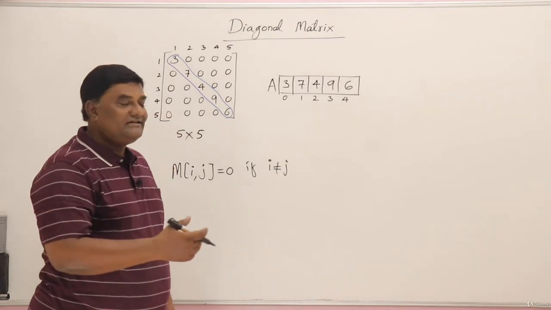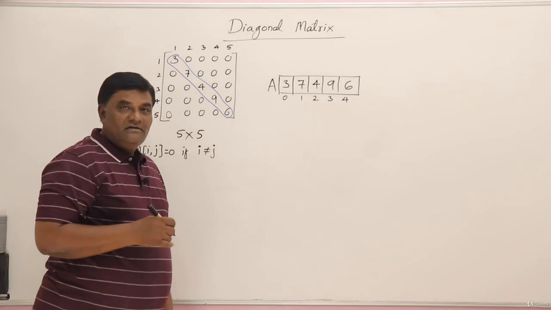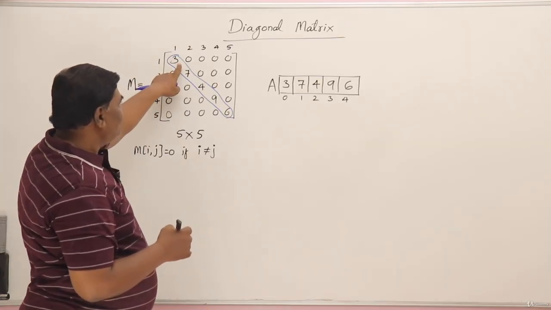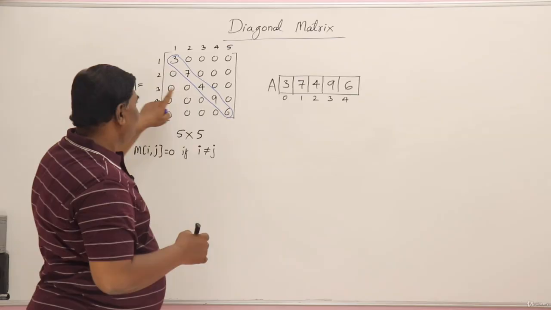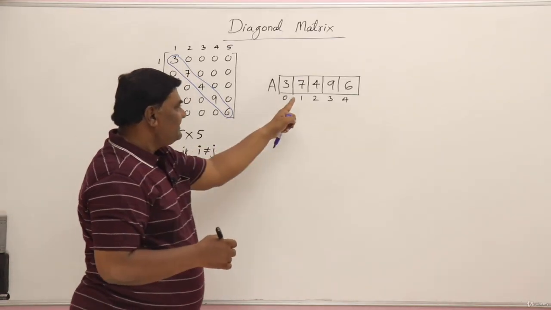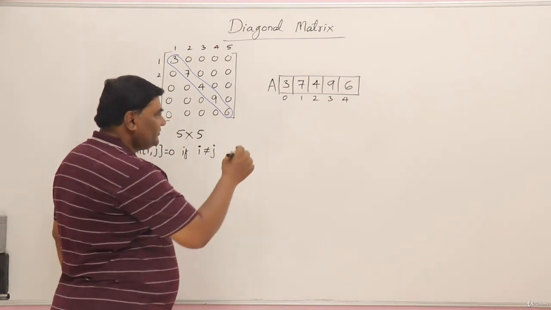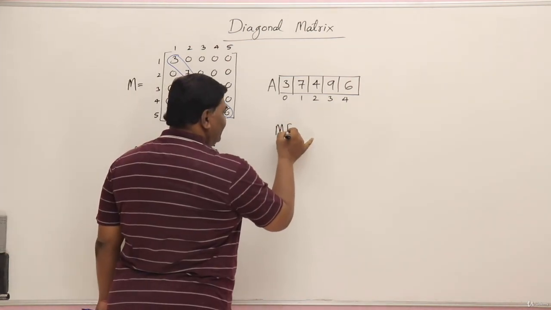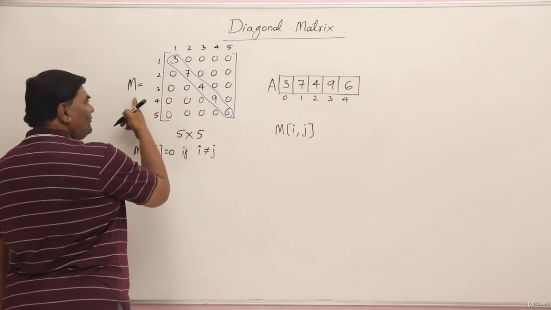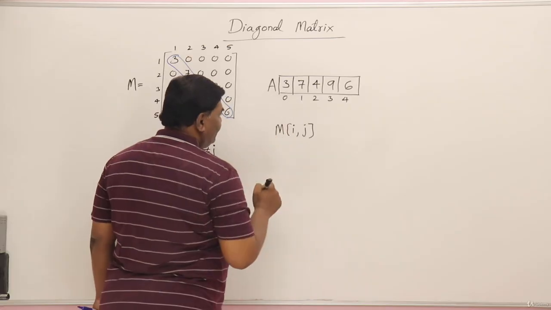Now let us see how we can access these elements from a single dimension array. If I want to access m of 1, 1, this element, then it is at 0. If I want to access m of 2, 2, this element, it is at 1. So only diagonal elements are there. So if I want to access any element from matrix m of i, j, which is stored in an array, then from where can I get the element?